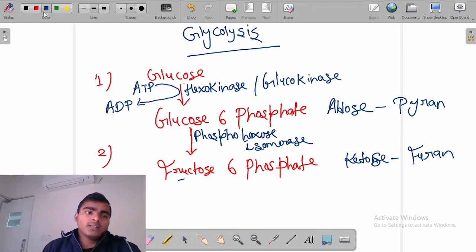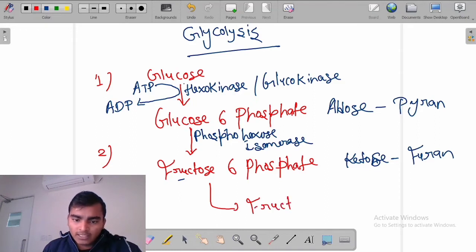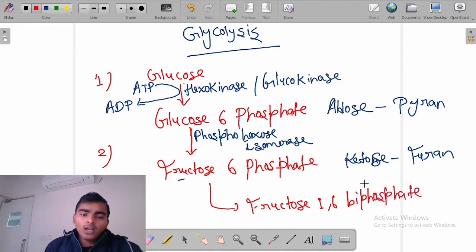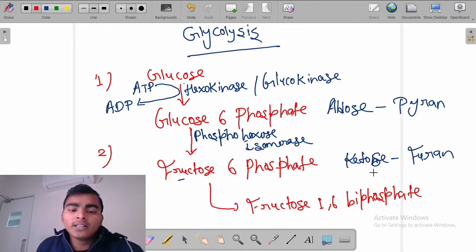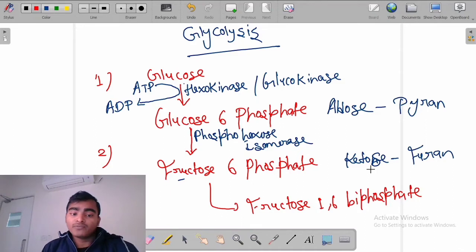Now let's talk about the third step. What is going to happen with this fructose 6-phosphate? It will be converted into fructose 1,6-bisphosphate. This is nothing but an addition of another phosphate on fructose 6-phosphate, so there are two phosphates in fructose 1,6-bisphosphate.